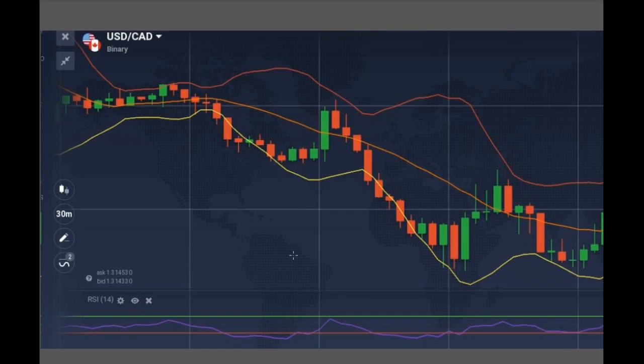But there is a slight issue with this formation. You can see clearly that the divergence was not obeyed here. According to the principle of divergence, you want a lower low on the chart to produce a higher low on the RSI chart.